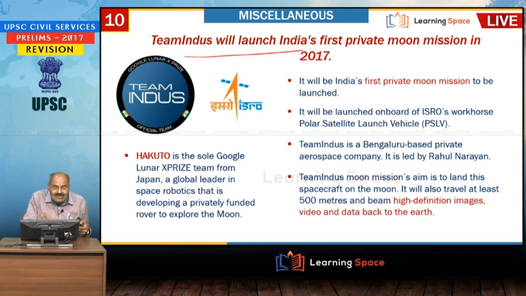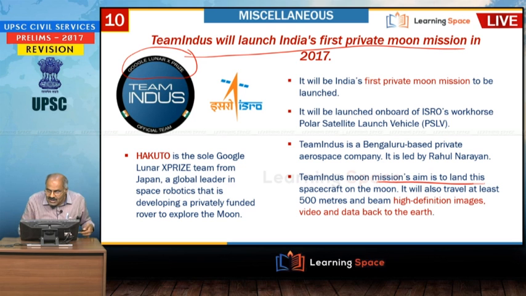Then Team Indus will launch India's first private moon mission, and Team Indus is one of the participants. Please don't forget, Team Indus is based in Bengaluru and it is one of the participants for this Google Lunar X Prize. So, ISRO is going to launch Team Indus moon mission, and please don't forget, it is a robotic mission.